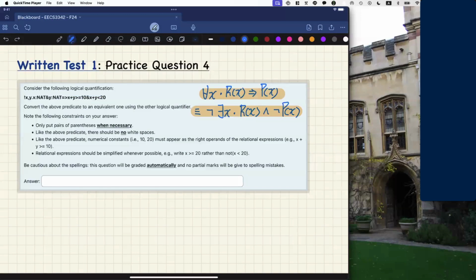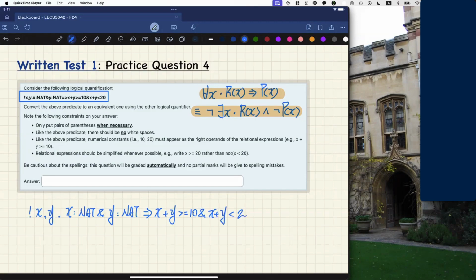And then we'll see how to negate the property part. So here we have for every x, y, where x is a member of the natural numbers and y is a member of the natural numbers, implies x plus y is larger than or equal to 10 and x plus y is less than 20, right?